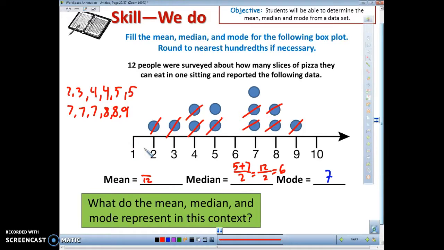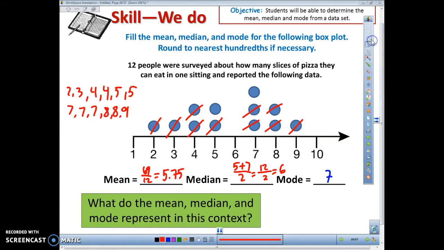So 2 plus 3 plus 4 plus 4 plus 5 plus 5 plus 7 plus 7 plus 7 plus 8 plus 8 plus 9 gives us 69. And I divide that by 12, giving me 5.75.